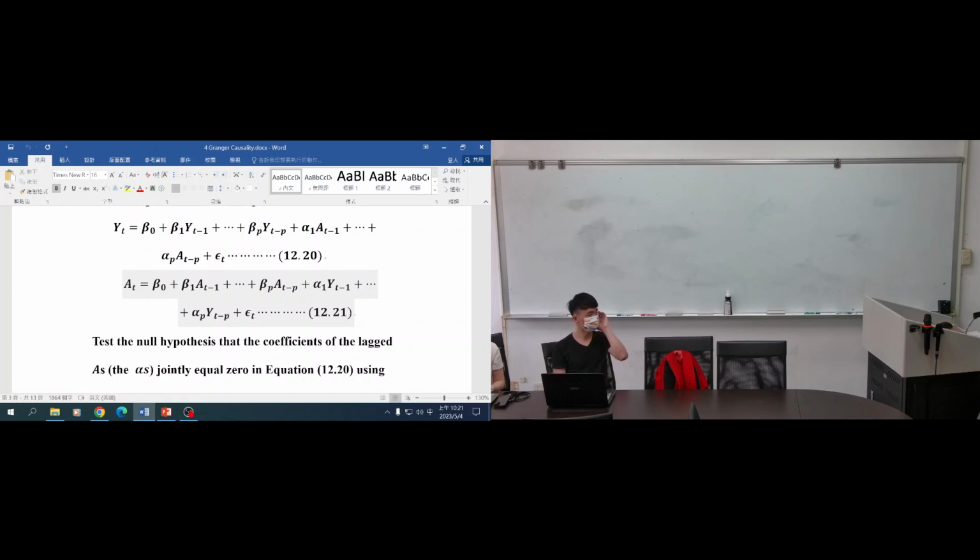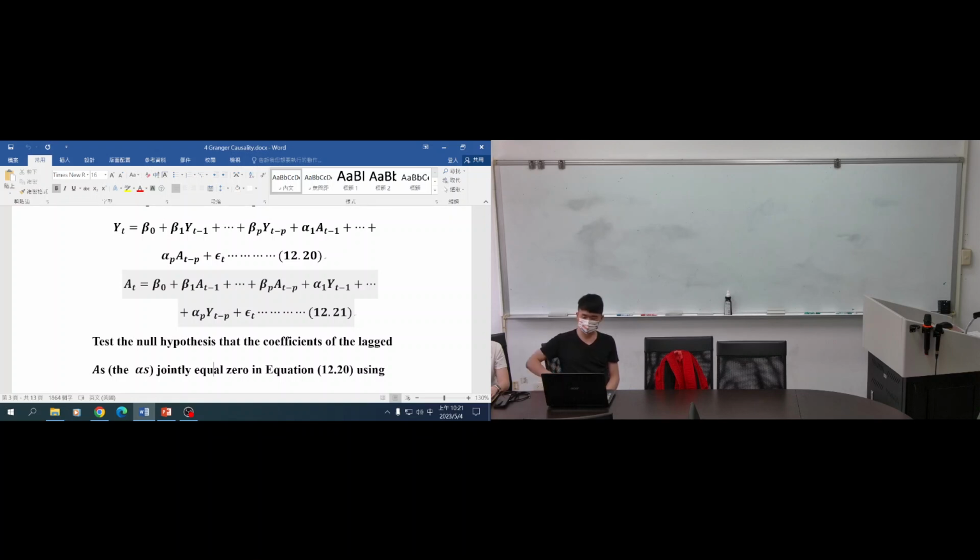Where's the alpha here? Oh, the alpha. So if I put A as one of the variables and use Y as a dependent variable, or if I use A as a dependent variable, those alphas are the coefficients of the lag of Y variable. You see that?